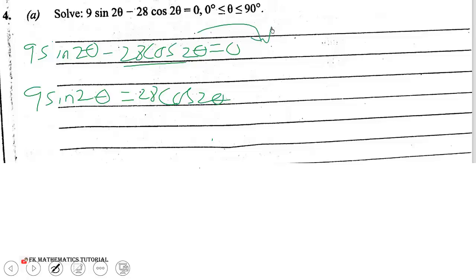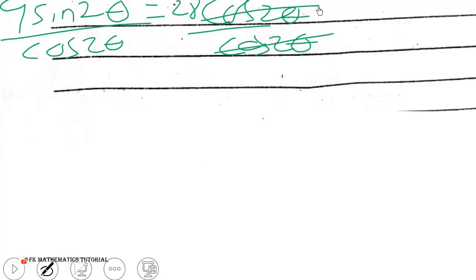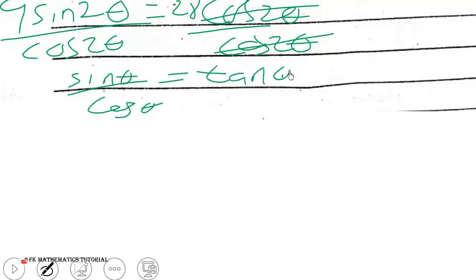I'm going to divide through by cos 2 theta, so that this will get rid of this. Now recall that sine theta over cos theta is equal to tan theta.